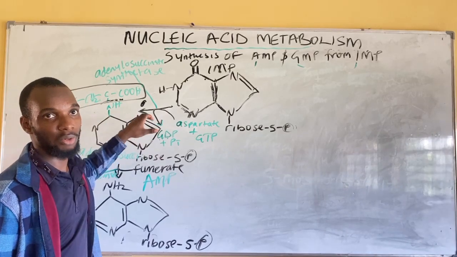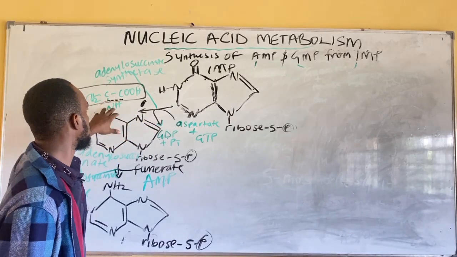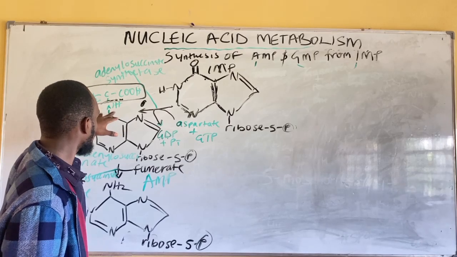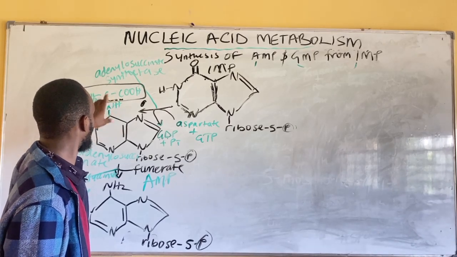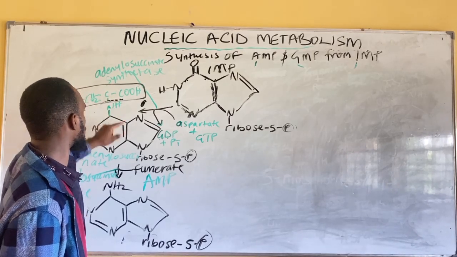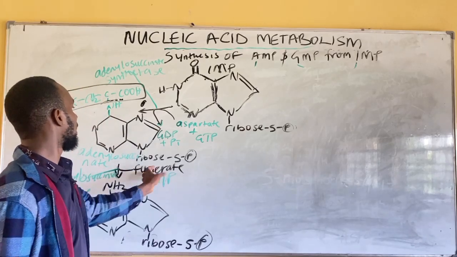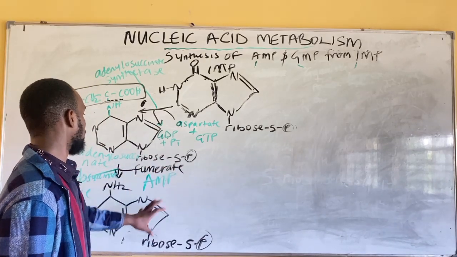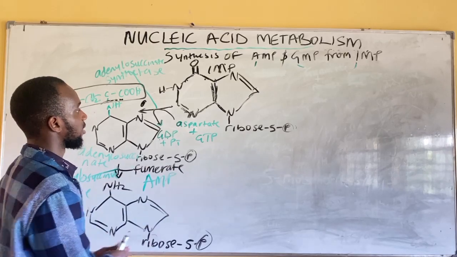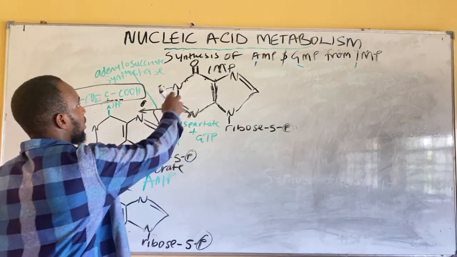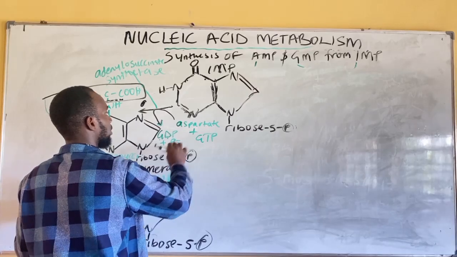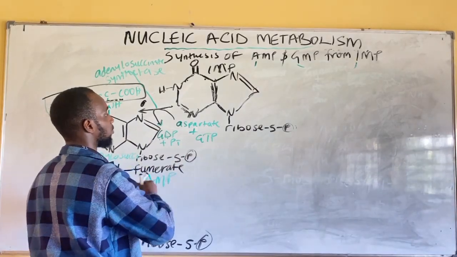The point of aspartate coming in is that it donates an amino group. See the amino group that is donated. When this part leaves as fumarate, it leaves behind only AMP. This is the synthesis of AMP from IMP. It requires energy in the form of GTP.